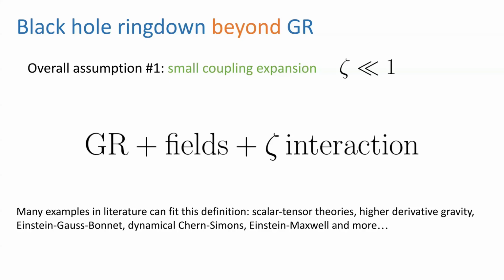The key assumption is that the coupling term is taken to be very small in some units. There are many examples in the literature that can fit this definition: for example, scalar-tensor theories, higher derivative gravity, Einstein-scalar-Gauss-Bonnet, dynamical Chern-Simons, Einstein-Maxwell, and you can think of your favorite theory.